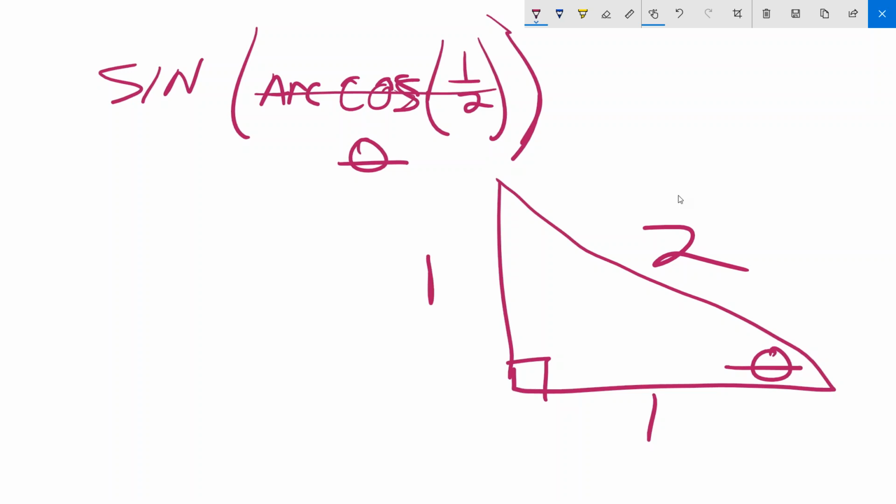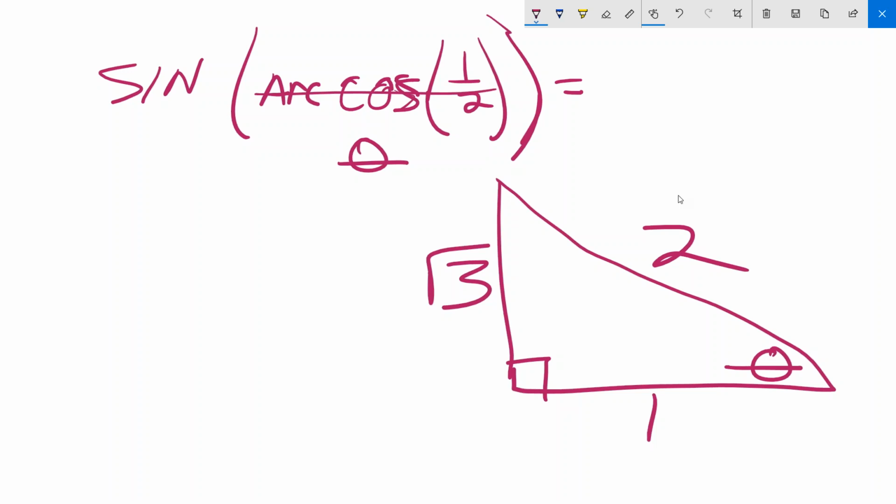Now tell me the sine of theta. No, the sine of theta is a ratio. Always remember that. Never forget that when you take trig functions of an angle, you get a ratio. When you take inverse trig functions of a ratio, you get an angle.